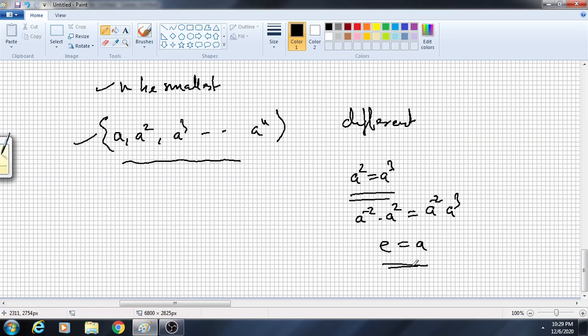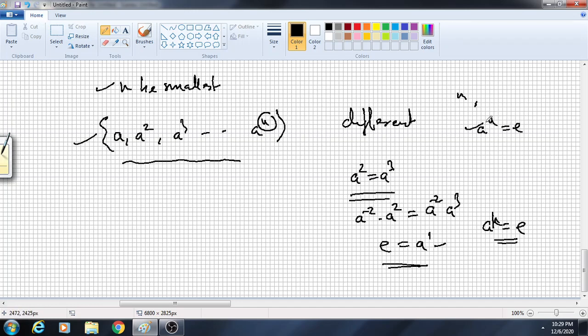This means that we have got a smaller power than n, a raised to k equal to e. Is that possible? It is not possible, because we have chosen n to be the smallest positive integer with the property that a raised to n is equal to e.